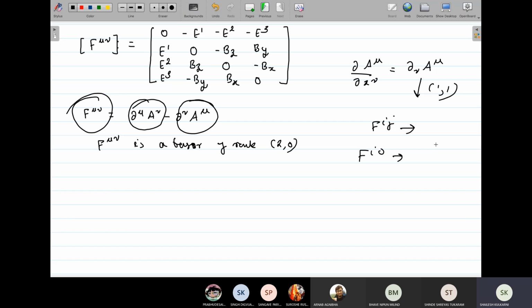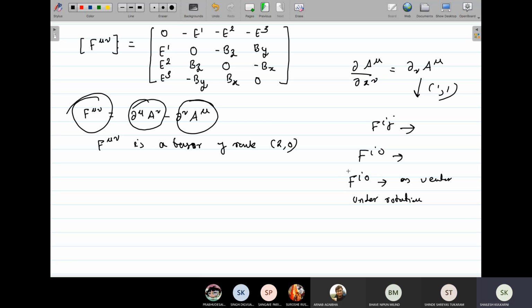Fi0 will transform as a vector under rotation, but not under Lorentz transformation.